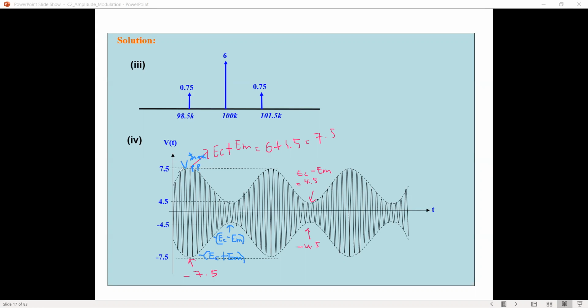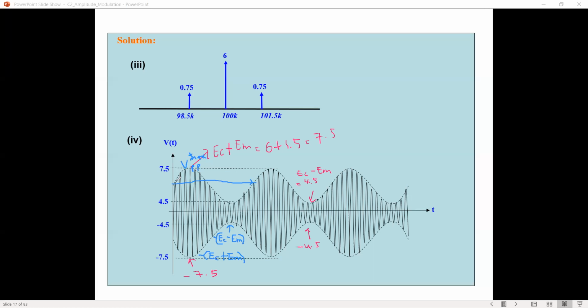Because up here, from here you can get your period, right? For example, from here to here, this is one period.